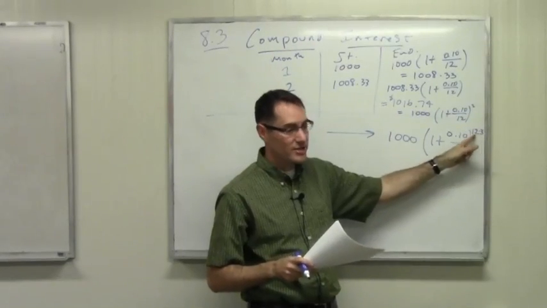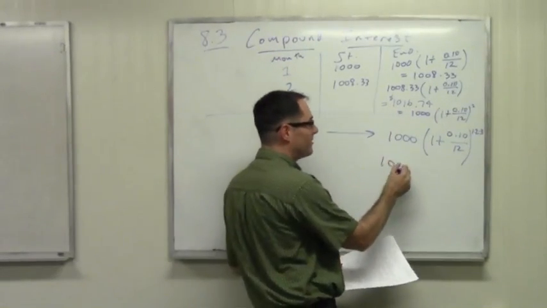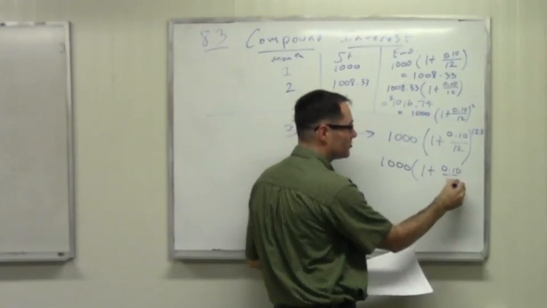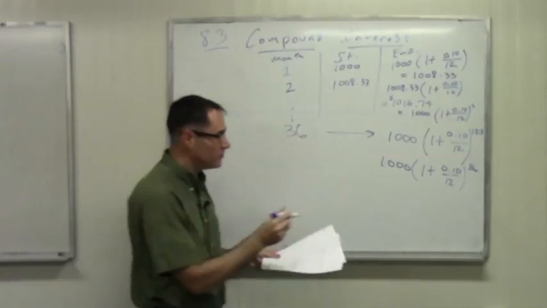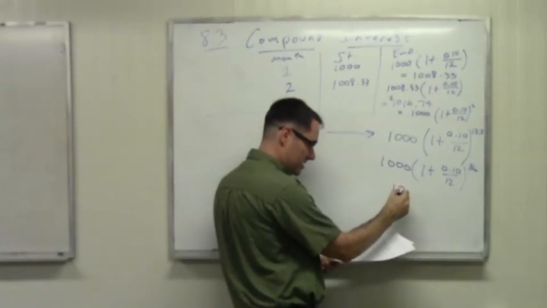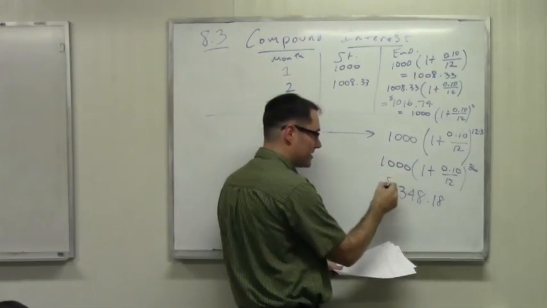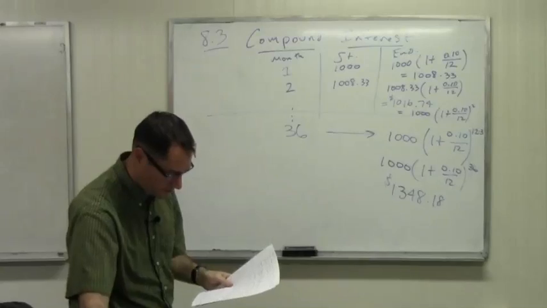So this is going to be 36 up here, because it's really going to be raised to 36. 1,000 times 1 plus 0.10 divided by 12 raised to the 36. And when you do that, you get $1,348.18. And you have to round a little bit there.